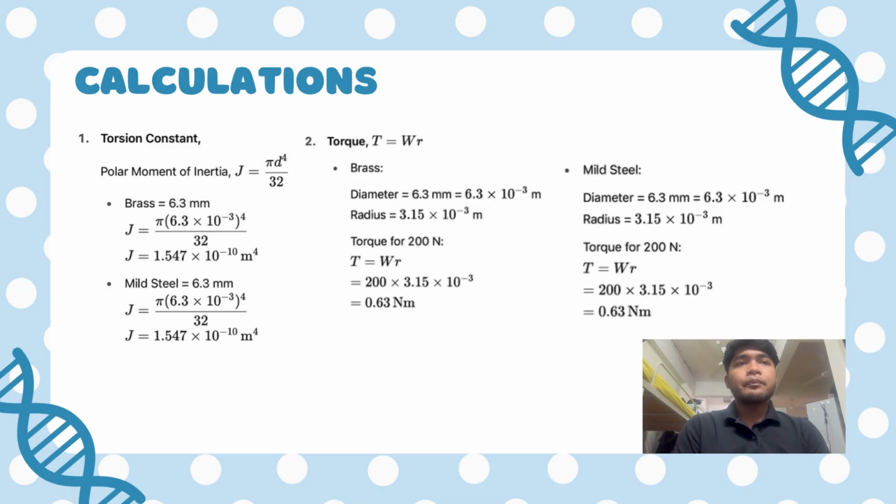0.63 Nm. Then for the mild steel shaft, the diameter is also 6.3 millimeter, so 6.3 times 10 to the power of negative 3 meter. The radius is also 3.15 times 10 to the power of negative 3 meter.